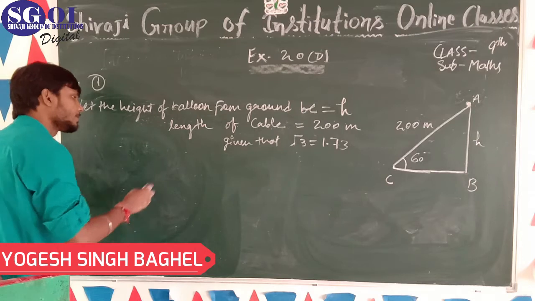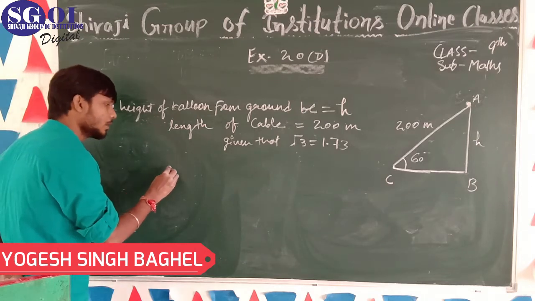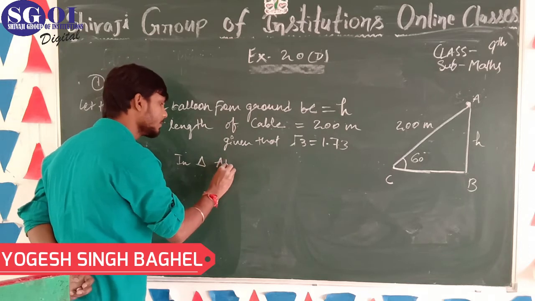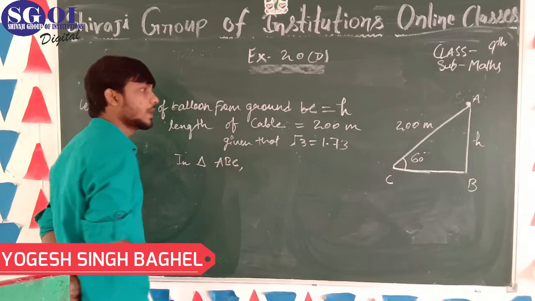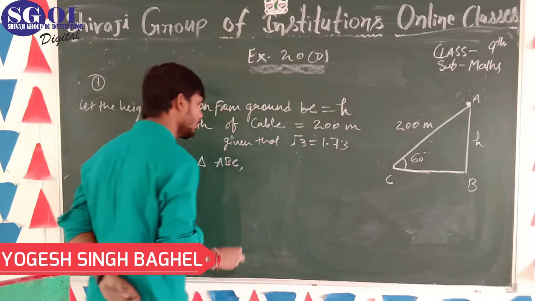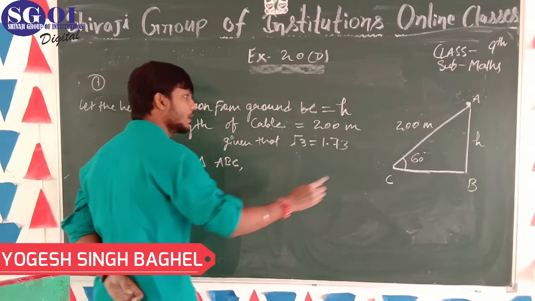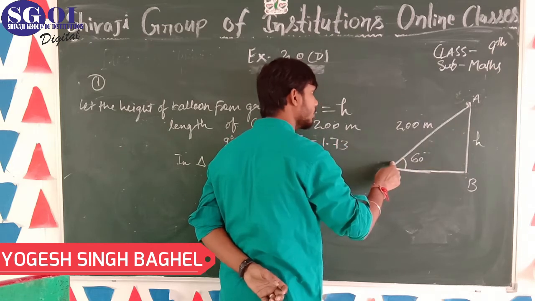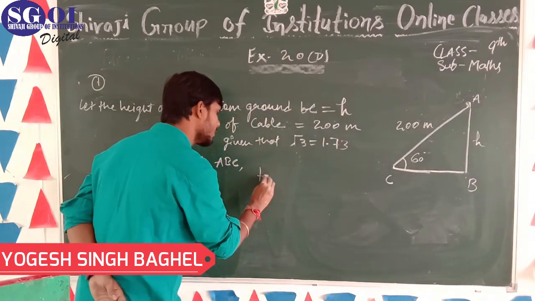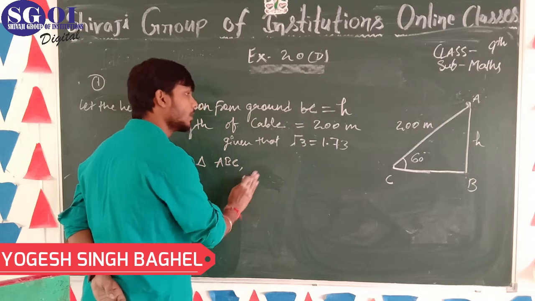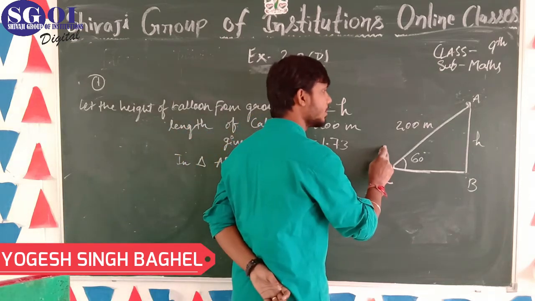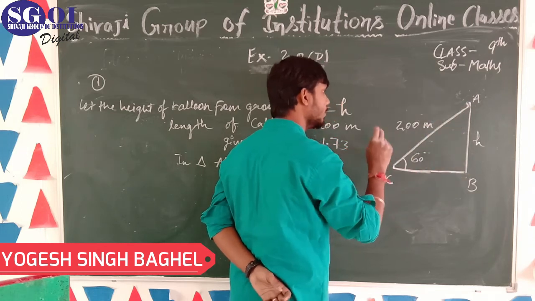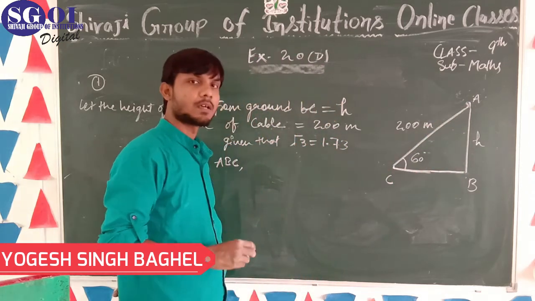Now let's see in triangle ABC, because we have to find the height from the ground level. It is the perpendicular, and this is the hypotenuse. Which trigonometrical ratio will we use here? One in which perpendicular and hypotenuse come. That is sine.